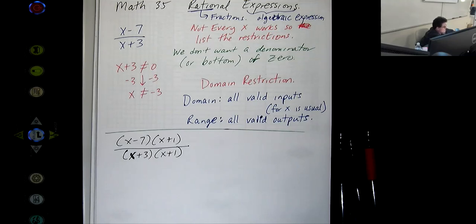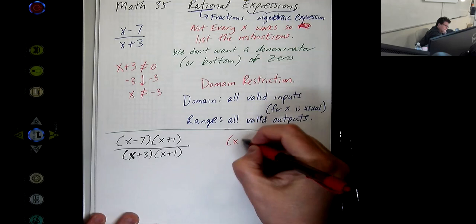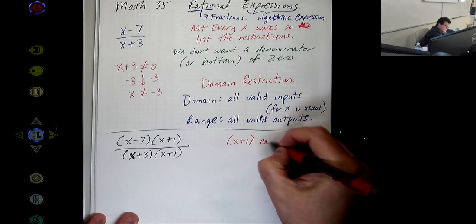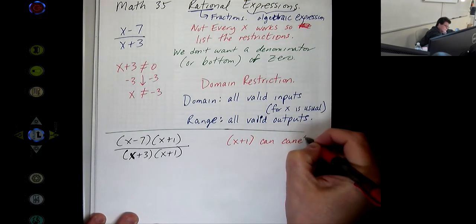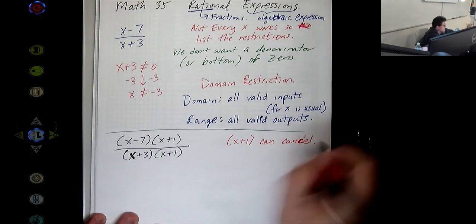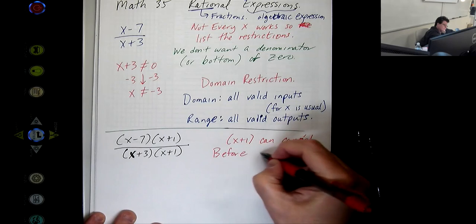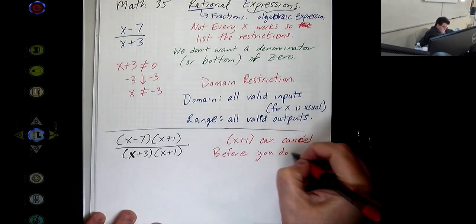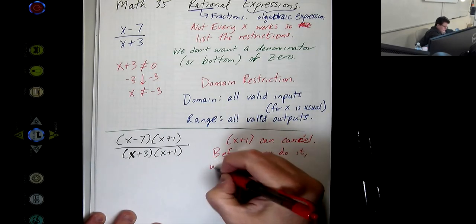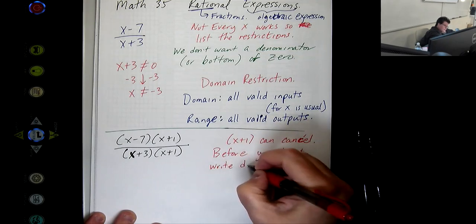Now, those of you that are comfortable with fractions will see something on the top and the bottom that we can cancel out. What would that be? The x plus 1s can cancel, right? Before you do it, write down the domain restrictions.